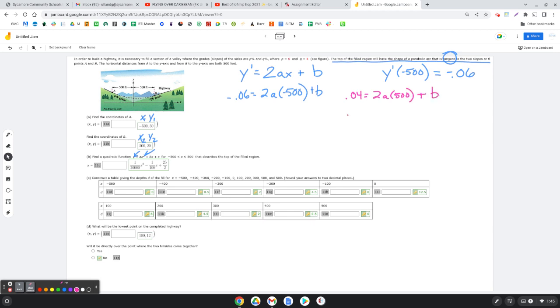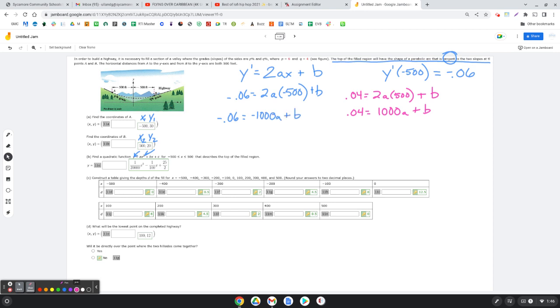Okay. When I clean this up, I get 0.04 is 1,000 a plus b. And when I clean this one up, I get negative 0.06 is negative 1,000 a plus b.